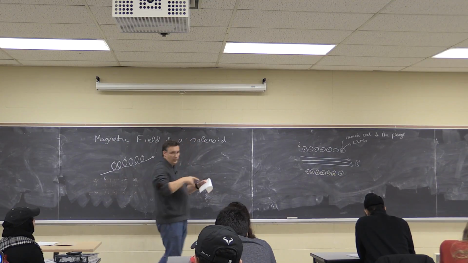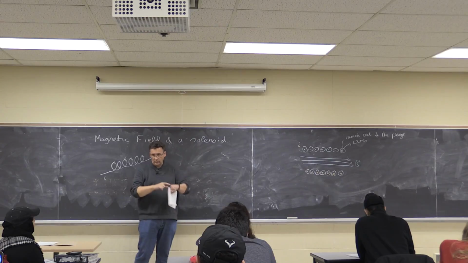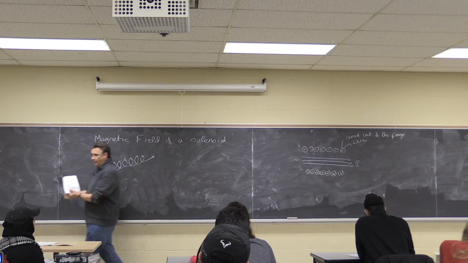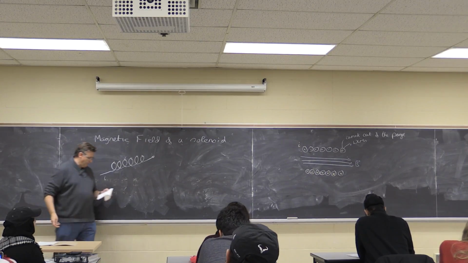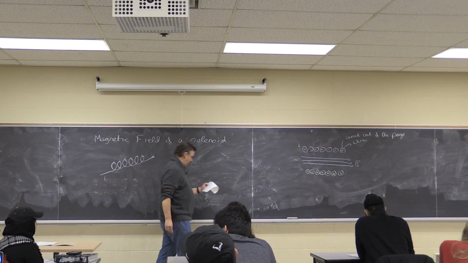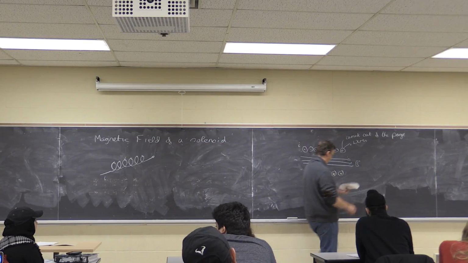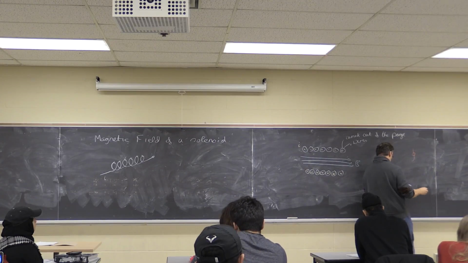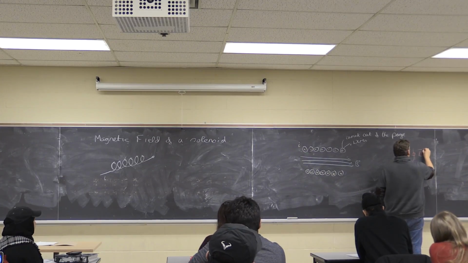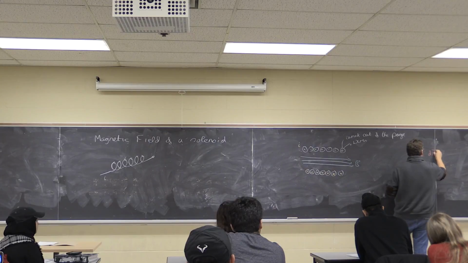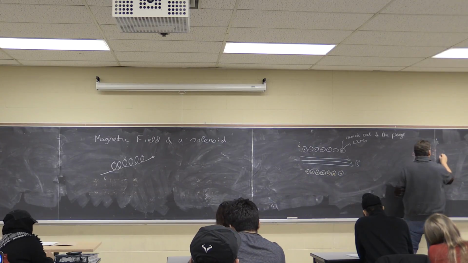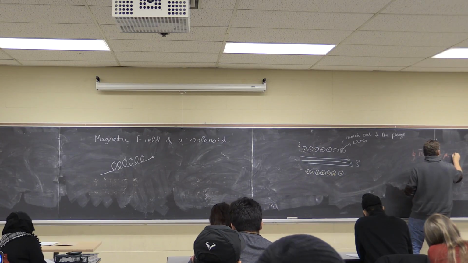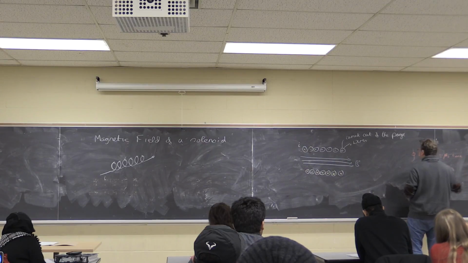We could use that to work out the total magnetic field, because that was related to the current enclosed by the wire. So we're going to apply Ampere's law, and that basically says, this is one that you should remember, the integral of B dot ds is mu naught I enclosed.